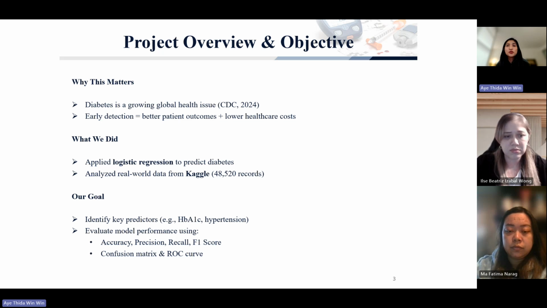Our goal was to use logistic regression to predict diabetes and identify the most important risk factors like HbA1c, hypertension, and age. We then evaluated our model using accuracy, precision, recall, F1 score, confusion matrix, and ROC curve. Next, the dataset description will be taken over by my friend Beatriz.